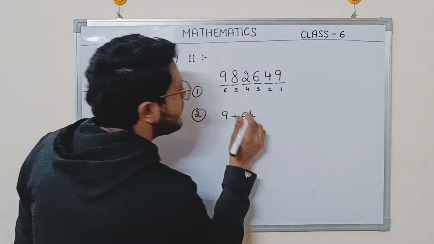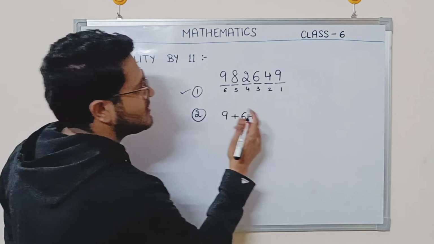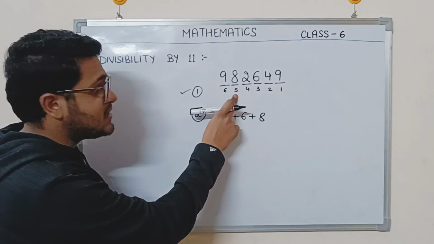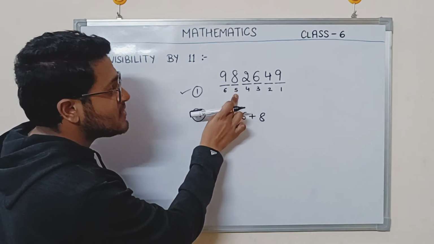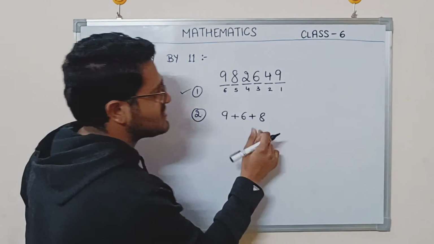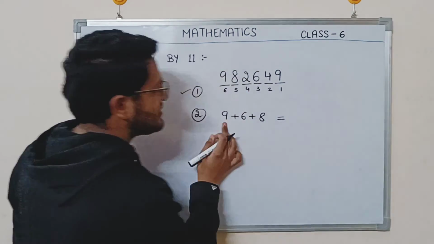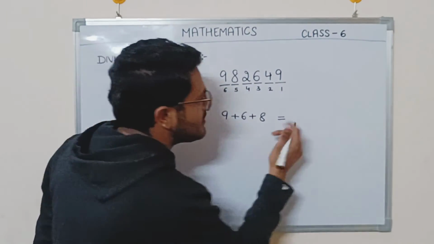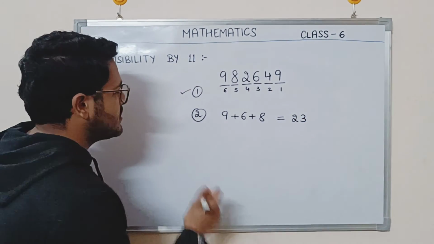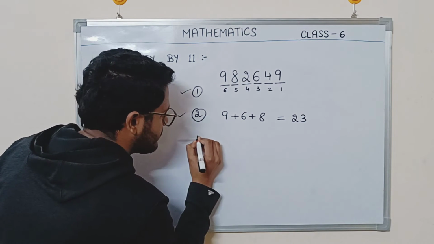And at position number 5 we have 8. So 9 plus 6 plus 8. 9 plus 6 is 15, and 15 plus 8 is 23. Step number 2 is done.